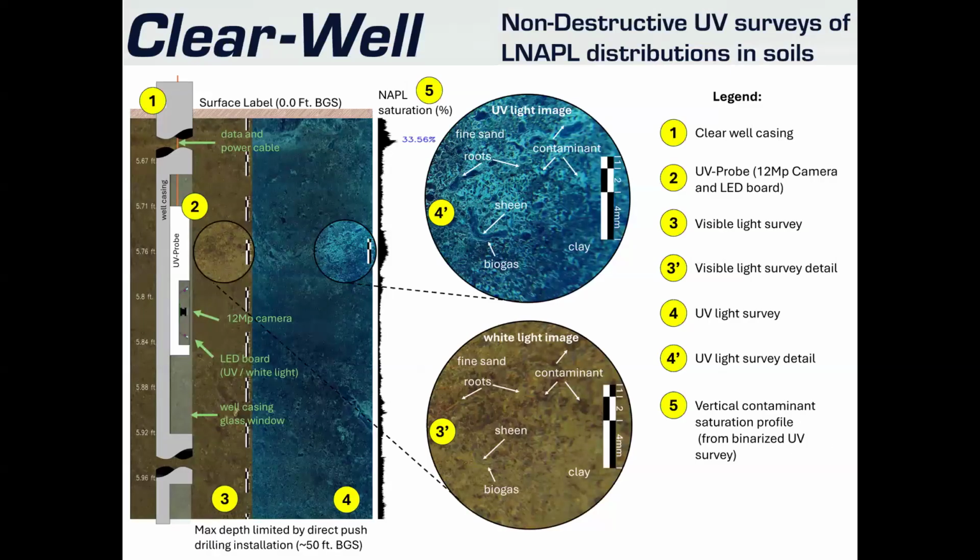These are some of the results that we're getting. These are actual field data. Right here, it's a short section, only about 6 inches. We take 2 pictures per inch. Here's the cable with a probe, and the probe is taking pictures of the soil. Here's a series of pictures of the actual soil with white lights.